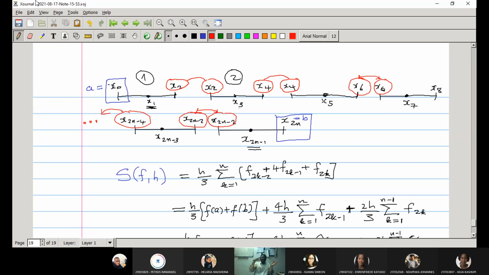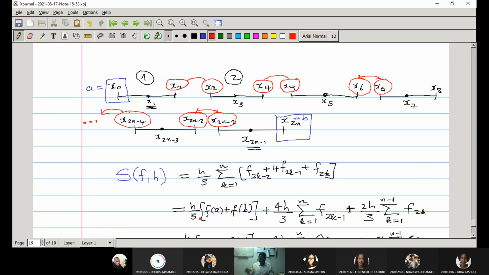But the remaining points, except the end points, that is x0 and x2n, those with even subscript will be evaluated twice, in such a way that when you add them up, it will be 2 times those values.